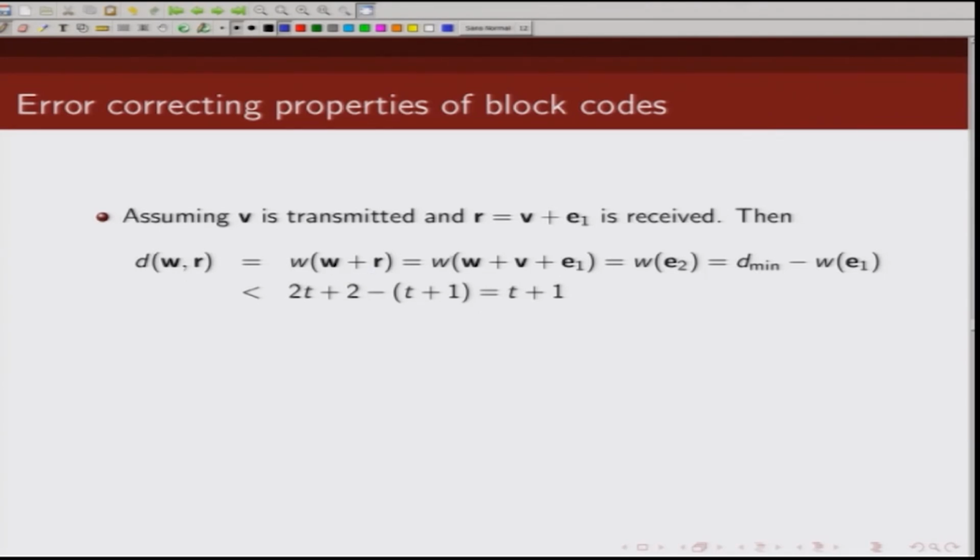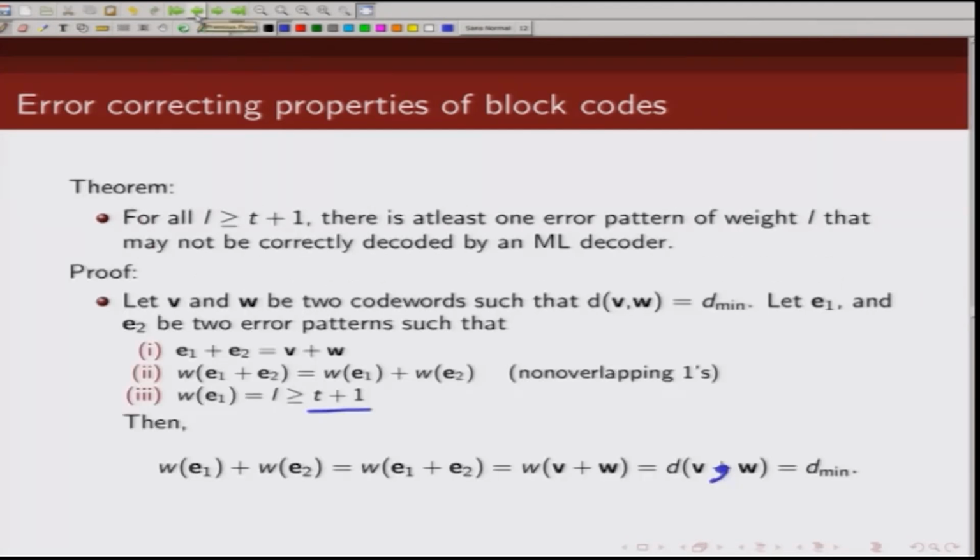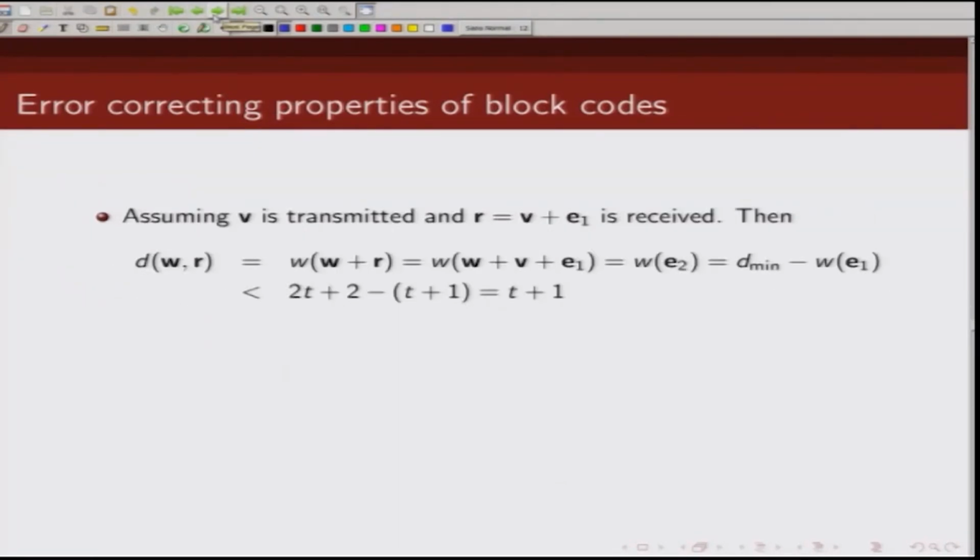And what is r? r is my received code word v plus E1. So, I can write this as w plus v plus E1. Now, what is w plus v? From 1, I have w plus v is the same as E1 plus E2. So, then this is E1 plus E2 plus E1. So, E1 plus E1 will be 0. So, this will be weight of E2.